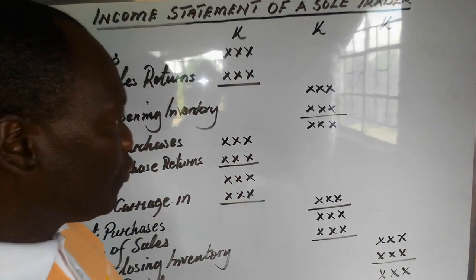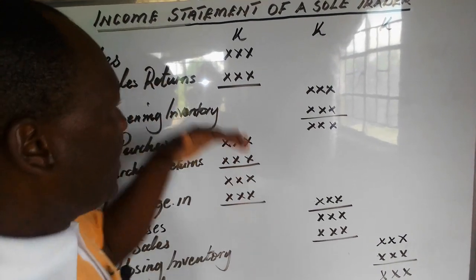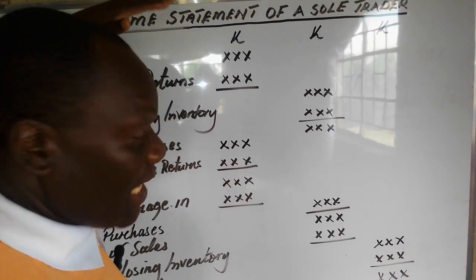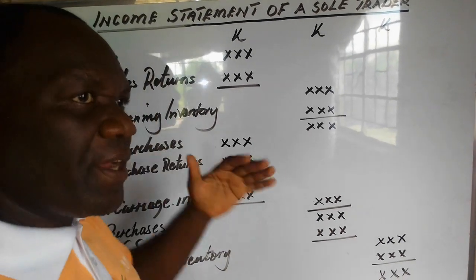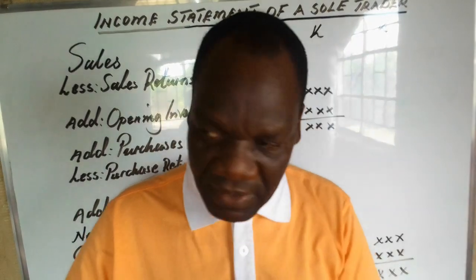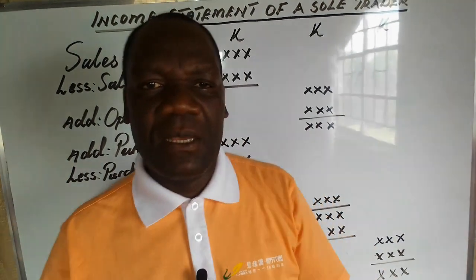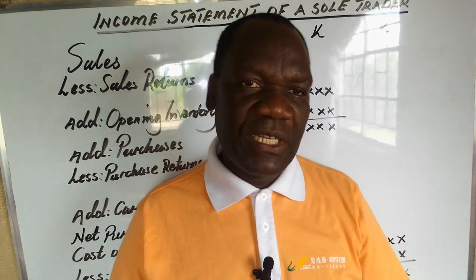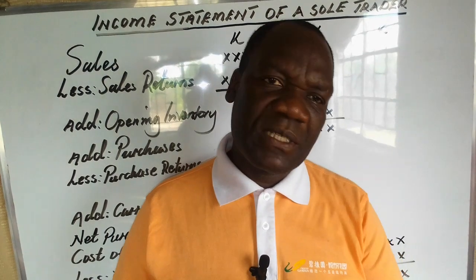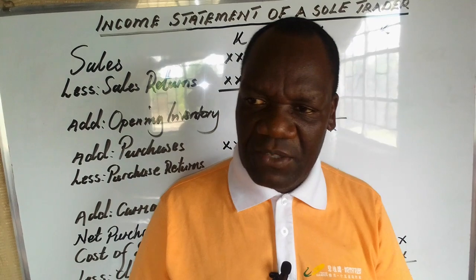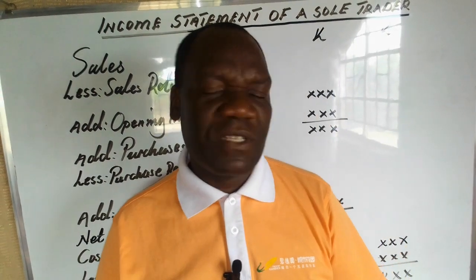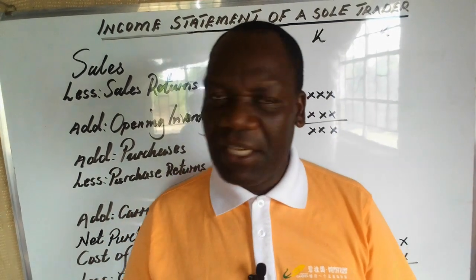So what I wanted to show you today is the trading account that we used to call formerly. But now it's a joint statement which covers the trading account and the profit and loss account. It's called income statement. Why? Because accounting is changing every day. So even the terms that we are using now have completely changed.